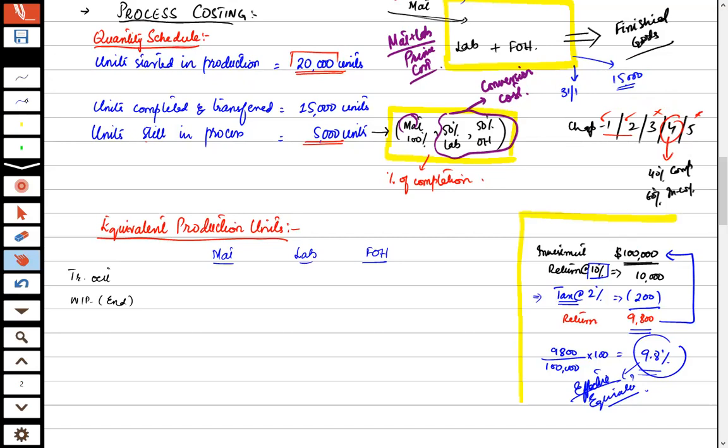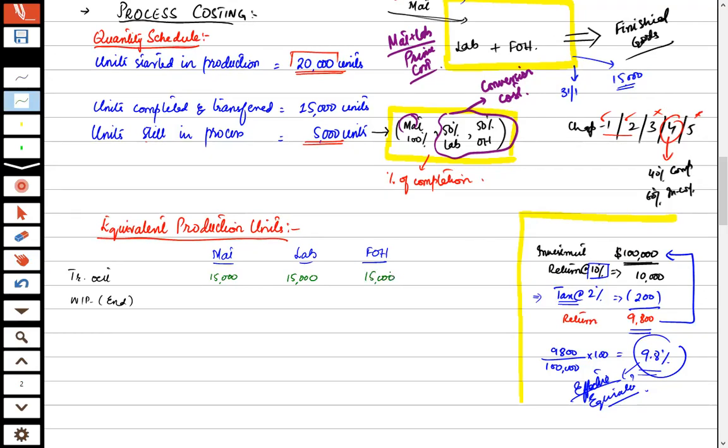So, if I say that in transfer out, 100% material is done, it means 15,000 will be accounted for from the materials perspective, 15,000 from the labor perspective, and 15,000 from the FOH perspective, isn't it?